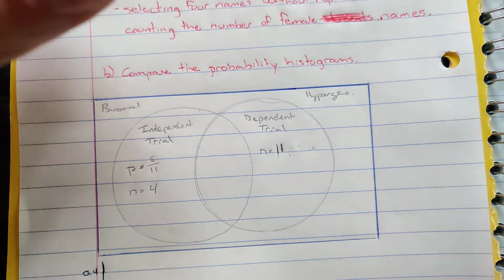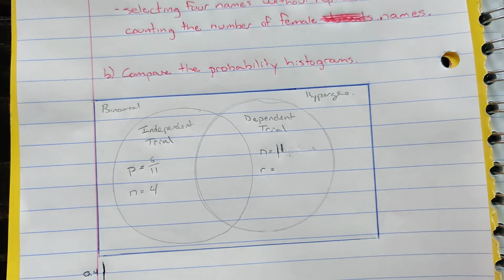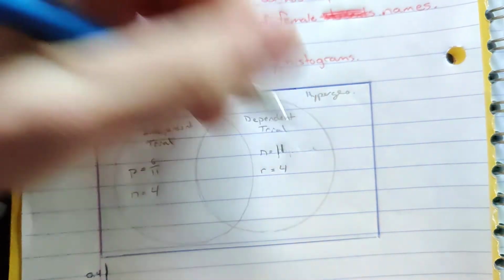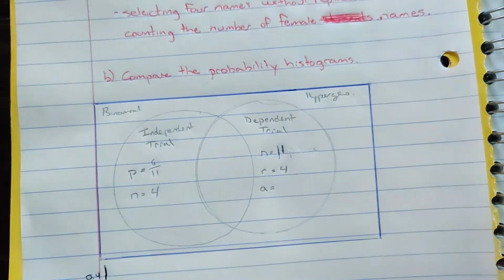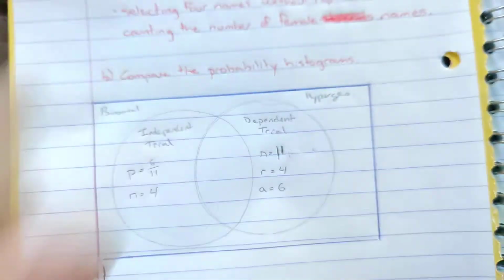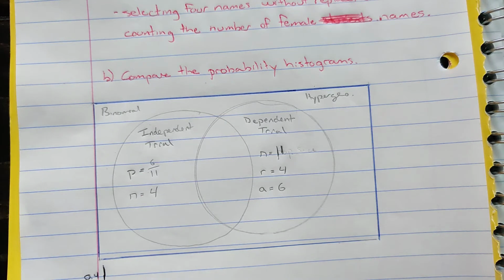Then the R value is going to be 4, the number of trials that we have. And then the A value is the number of successful outcomes available. There are 6 female names in the hat, so there are 6 successful outcomes available. R becomes our number of trials. Then we can plug those into their respective formulas.